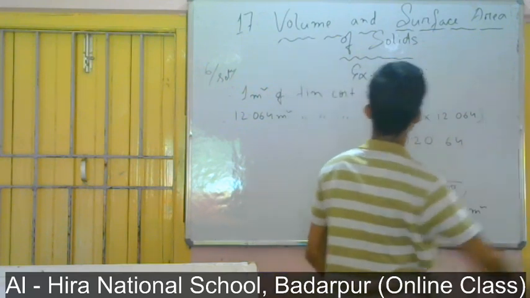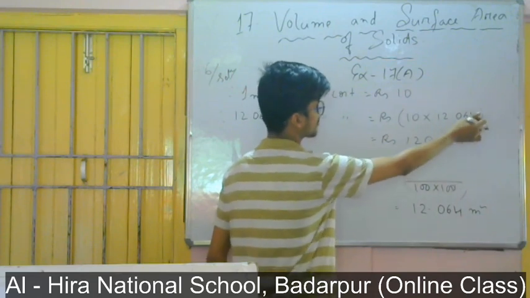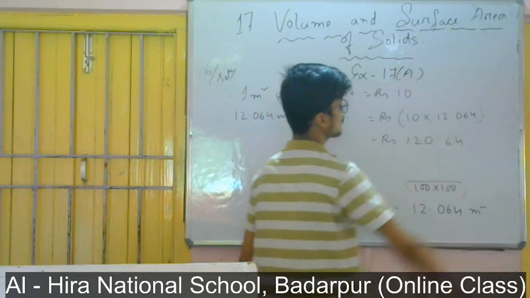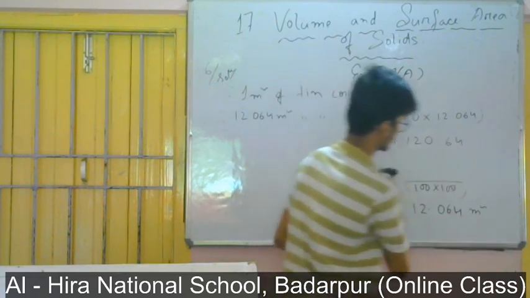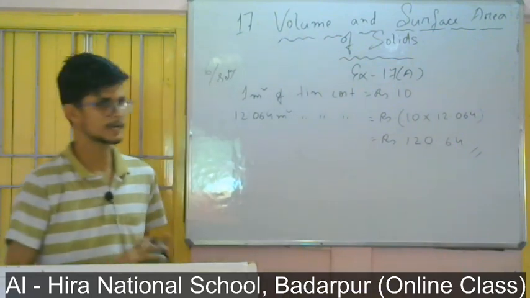Sorry, not meter square. So rupees 10 into 12.064, that means I am multiplying by 10, so the decimal will move 1 place. So it is the required answer, rupees 120.64.